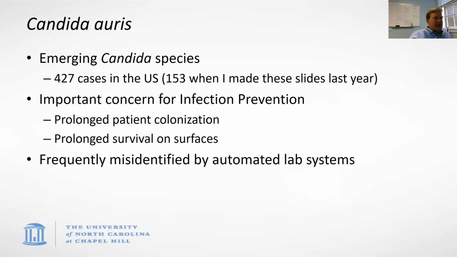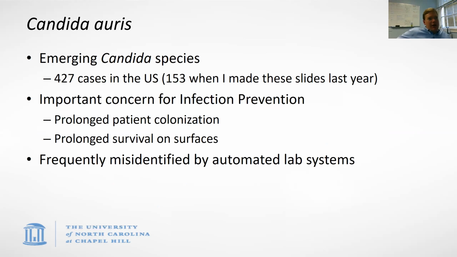It's been found to colonize patients for very long periods of time, months or years, and it lives quite happily on surfaces. I think that's common to most Candida species, but it can live quite well on surfaces. It's also, this will probably get fixed over time, often misidentified by automated lab systems, so the lab might spit out some weird Candida species that nobody's ever heard of.